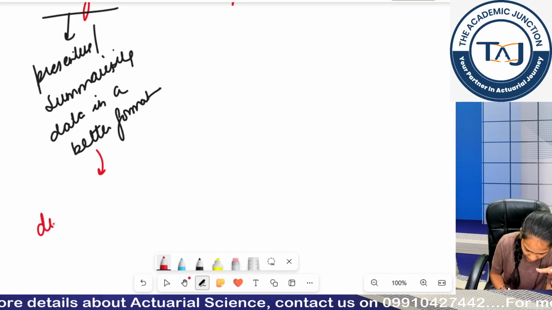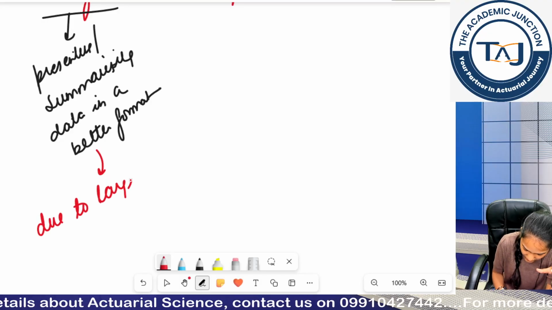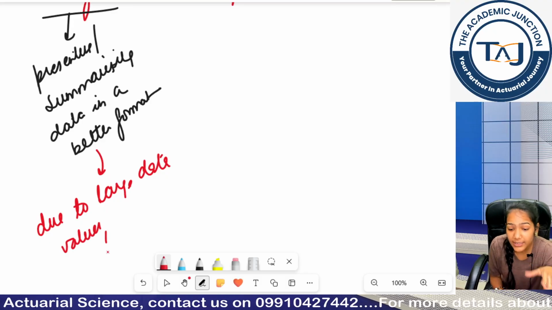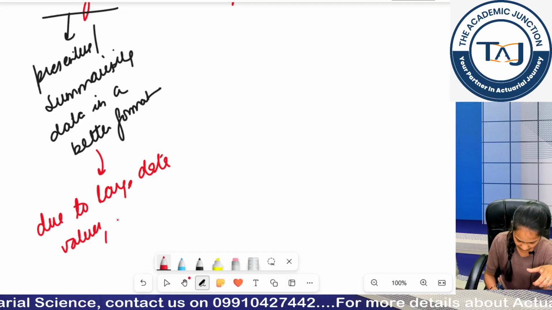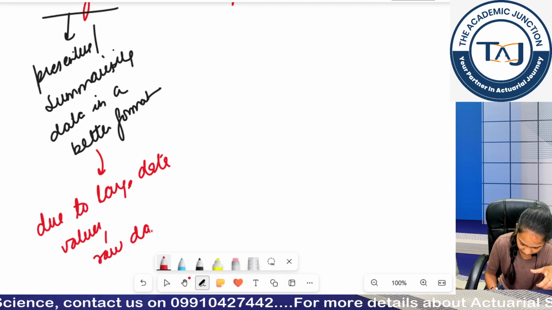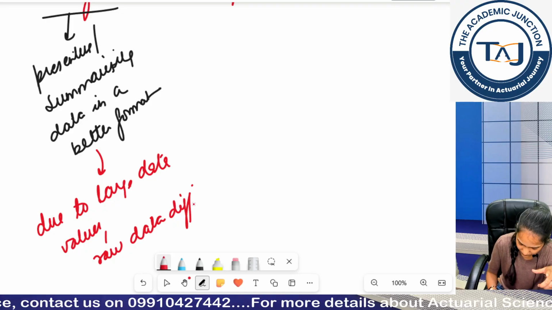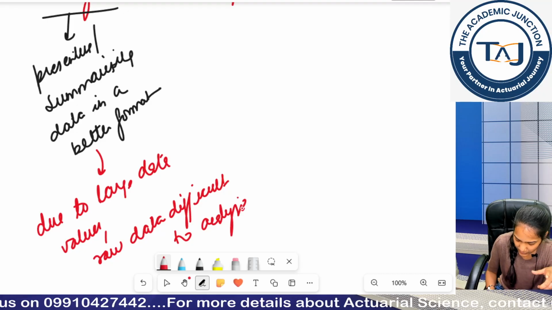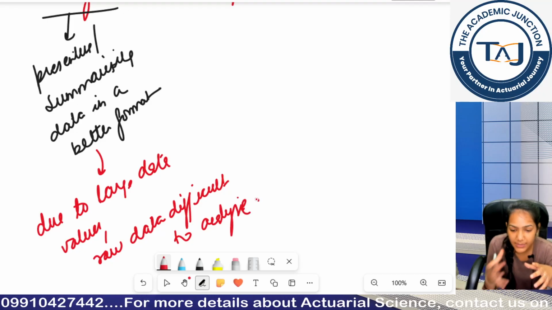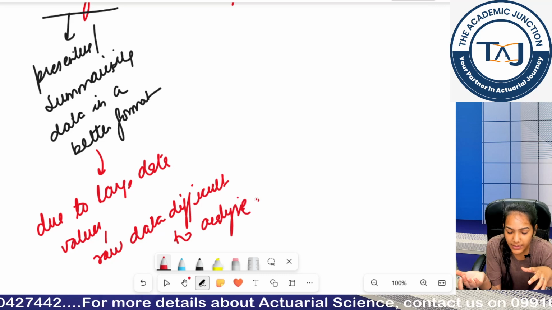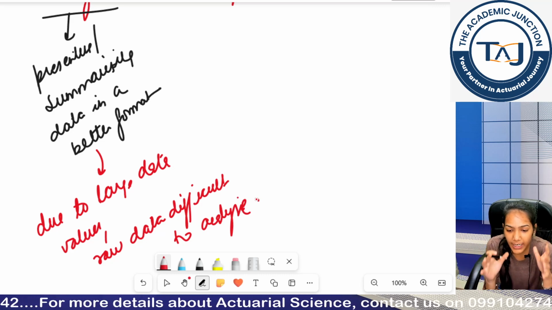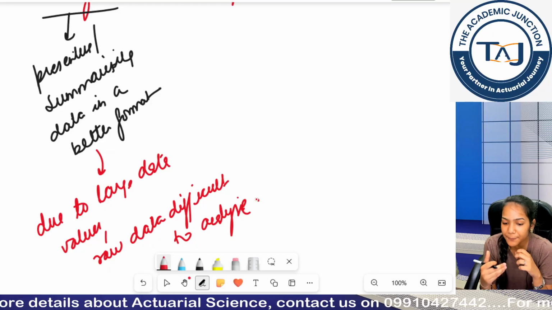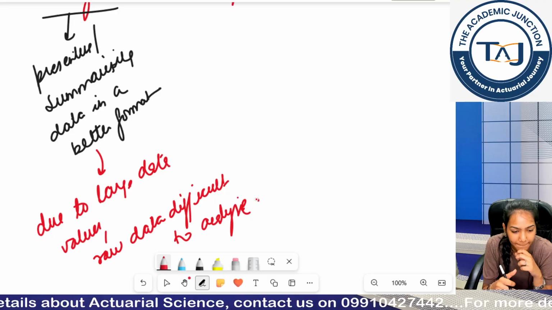Because due to large data values, analyzing the raw data is difficult. Okay guys. So, if I summarize this descriptive analysis, it means that we are presenting our raw data in some better format so that it would be easier for me to make inferences from the data.